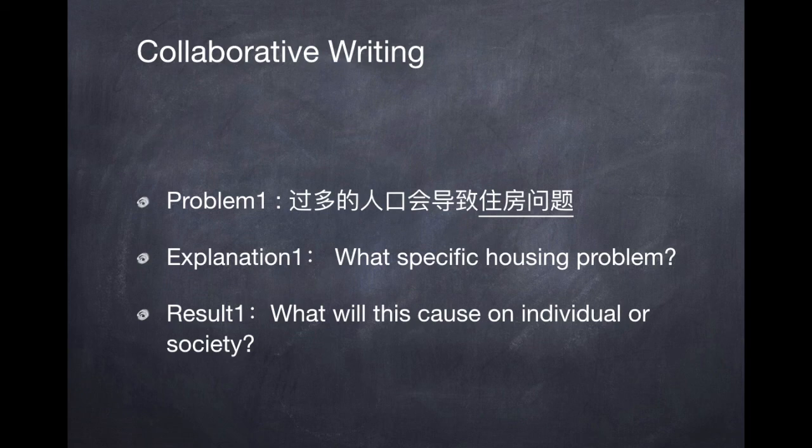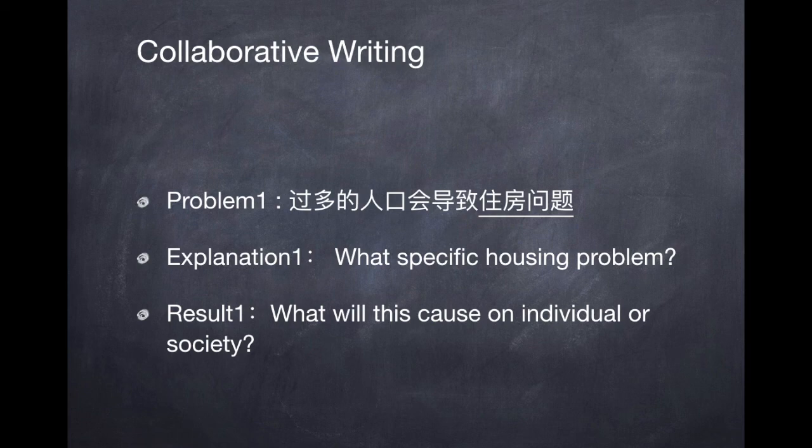So what kind of specific housing problems in this part, and based on your explanation you need to give me a specific result. So what will this cause on the individual or society? For example, I can see the housing problem. So what specific housing problem is like the price, I mean the price in the city could be too high to afford for most young people.